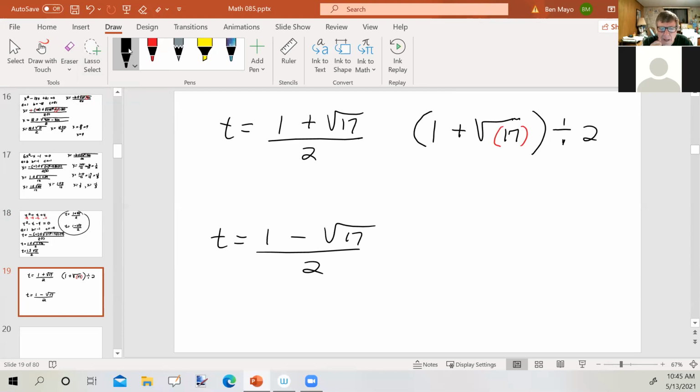Now, if you happen to have a calculator that when you put in the square root symbol, it doesn't give you a set of parentheses, it just gives you the square root symbol. In that case, it would look like this. You wouldn't have that red set of parentheses.